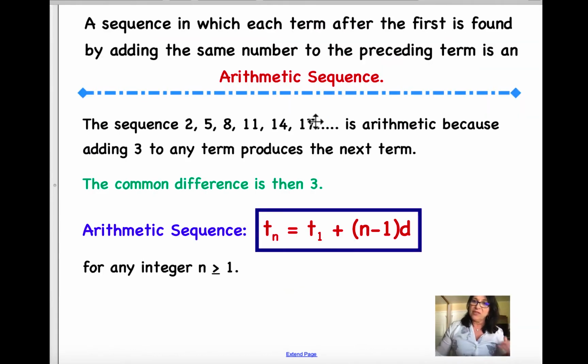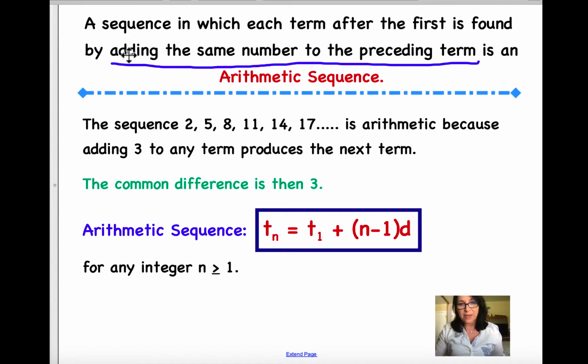But a sequence in which each term after the first value is found by adding the same number to the preceding term, you're adding the same common number, we call that an arithmetic sequence, okay? And for an arithmetic sequence, we actually have a formula, which is down here.